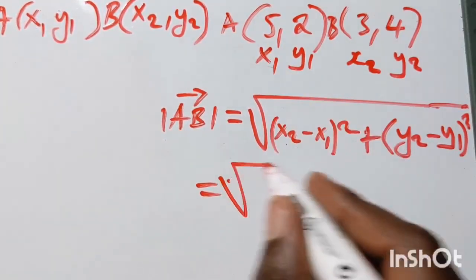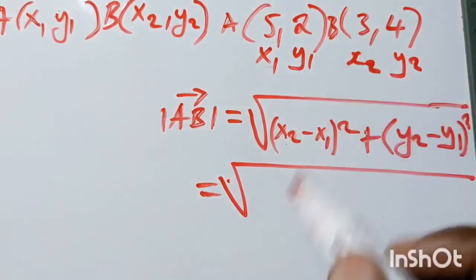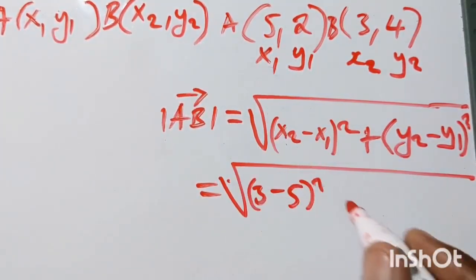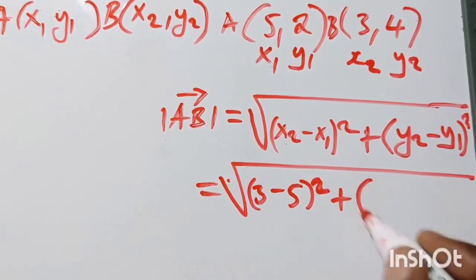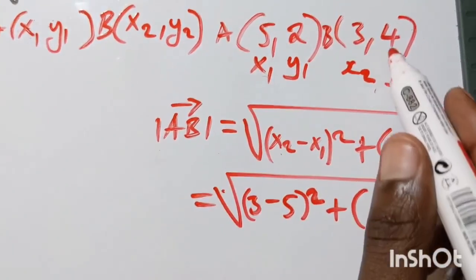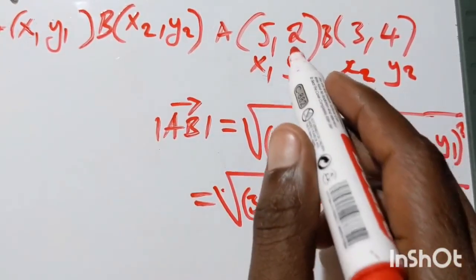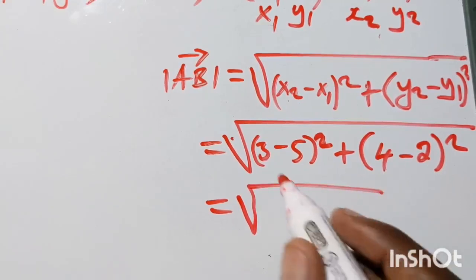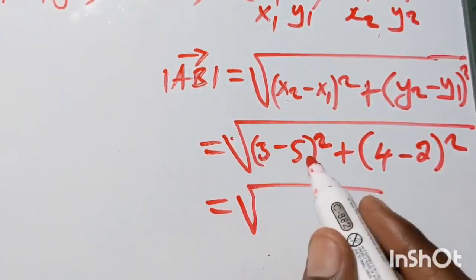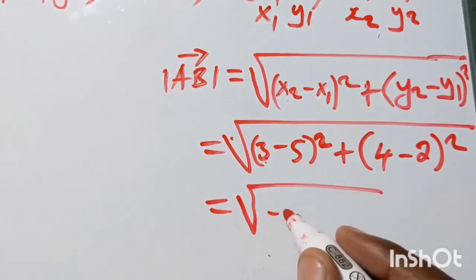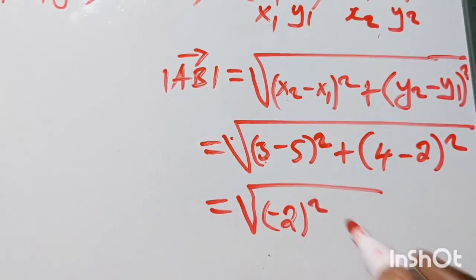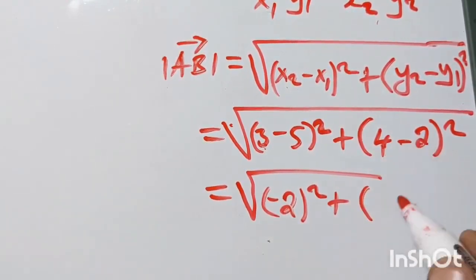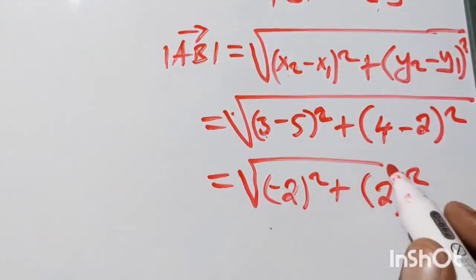So we say the root of x2, which is 3, minus x1, which is 5, squared, plus y2, which is 4, minus 2, squared. So 3 minus 5 is negative 2, squared, plus 4 minus 2, which is 2, squared.